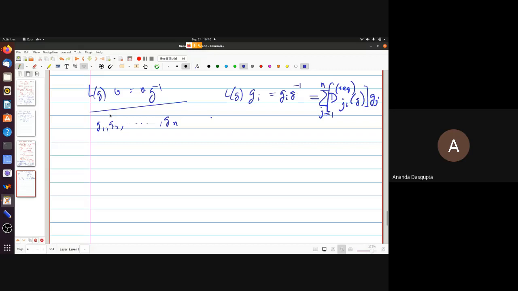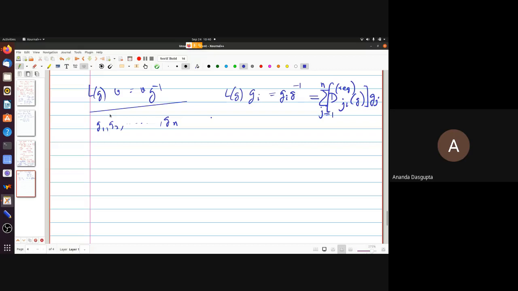So, although we have talked about this group algebra and a vector space, which is some linear combination of all the G's, right now I'm just talking of L_G acting on a basis vector. And by the way, this L_G is defined only for group elements. It's not defined for algebra elements in general, because algebra elements don't have inverses necessarily. Only group elements have inverses.